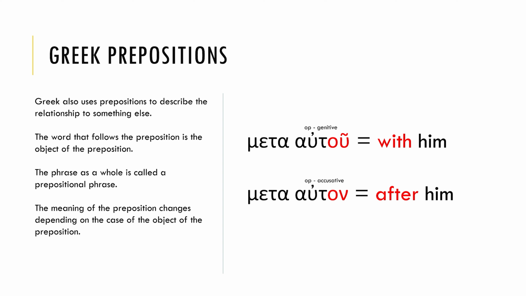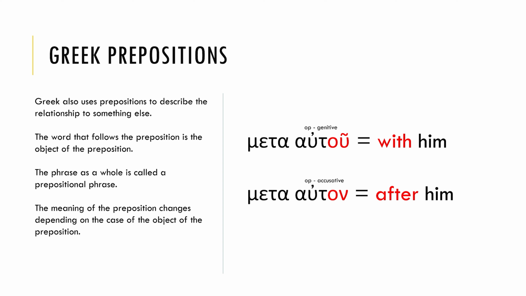Now, to be with somebody and after them are two completely different things. And so you can see that this is actually pretty important in Greek. This is why I said at the very beginning, Greek is more than just vocabulary. You have to understand the grammar, and that is where you're going to have a lot of insight. So we'll go through a couple more examples.